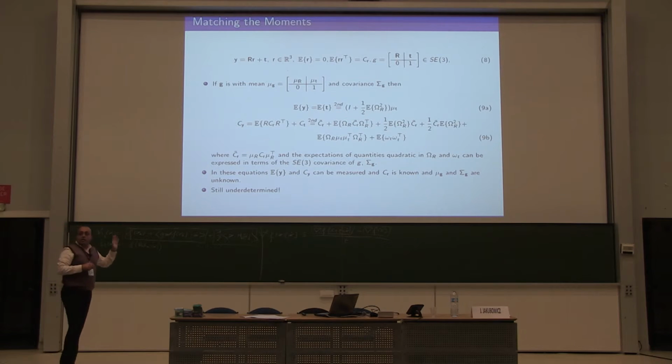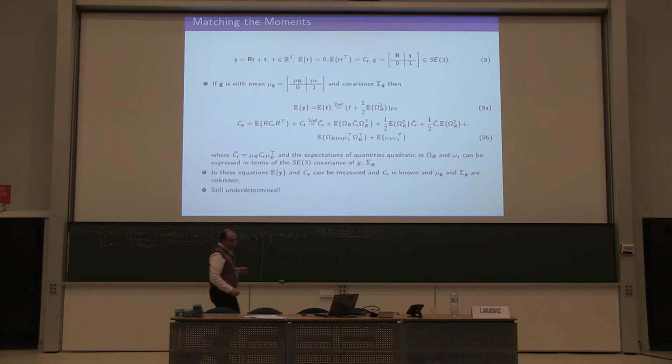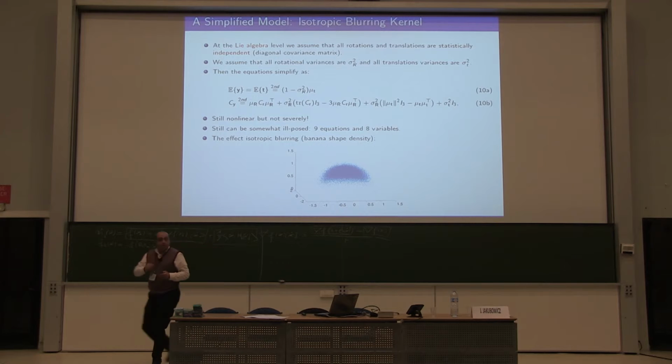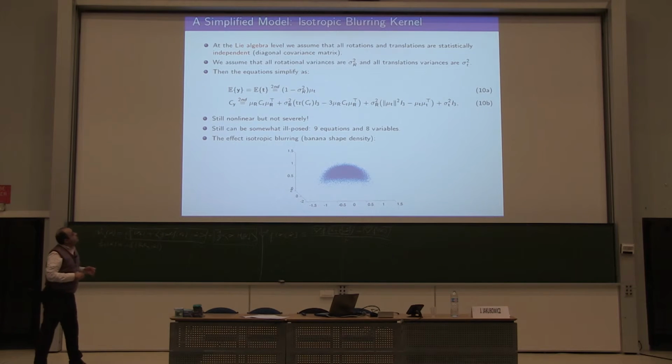So we have an ill-conditioned inverse problem. So we then cheat a little bit, and we say that, okay, let us assume that our covariance is a very simple structure.